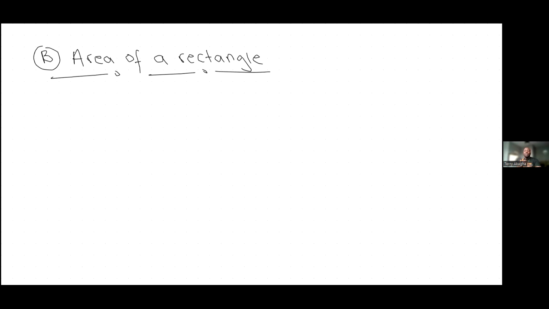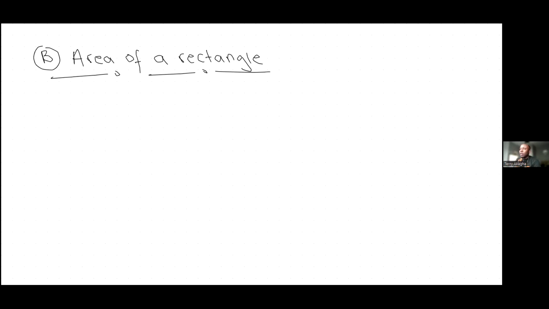You find the area of the rectangle by multiplying the length and the breadth. It's talking about the value of that shape where you multiply the length and the breadth.